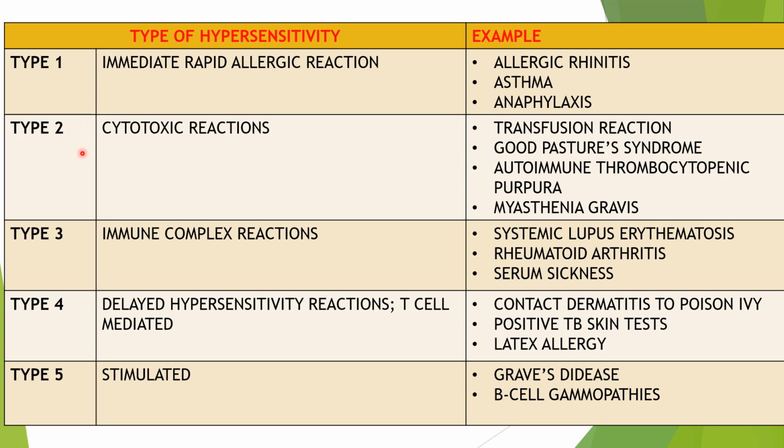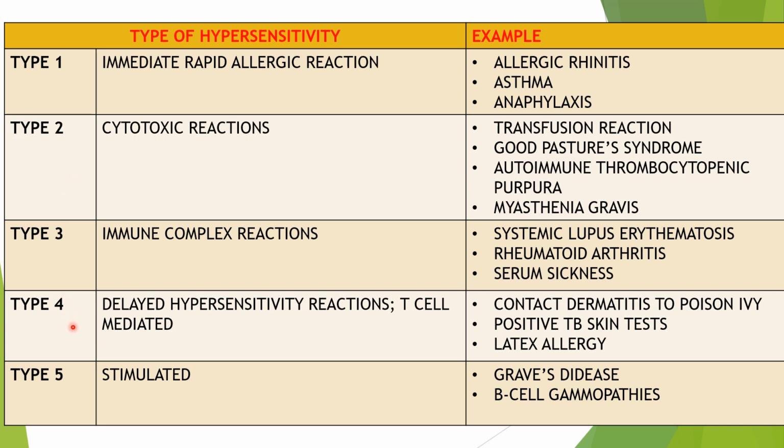Type 2 is cytotoxic reactions like blood transfusion reactions, Goodpasture syndrome, autoimmune thrombocytopenic purpura, then myasthenia gravis. So they come under type 2 or cytotoxic reactions. Then the third one is immune complex reactions. So there come systemic lupus erythematosus, rheumatoid arthritis, serum sickness.